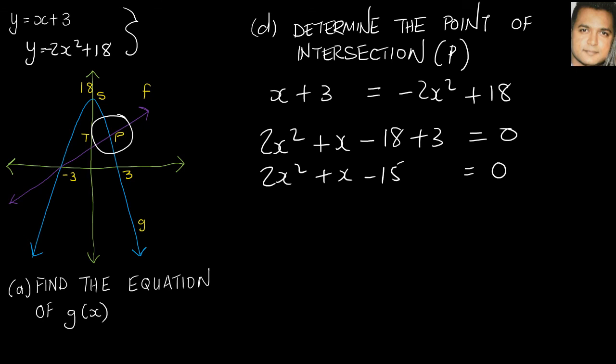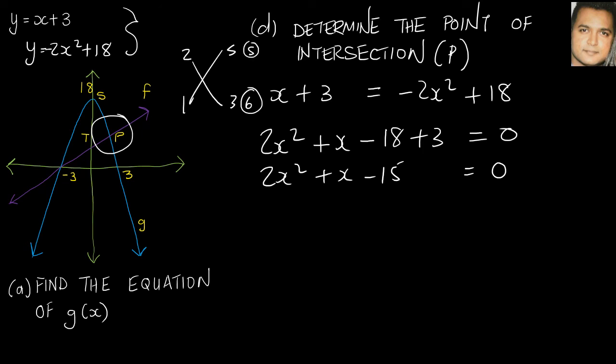Now we know that we have to use the cross method to work out this answer. Now remember that these amounts will be 2 times 1 for the 2, and for the 15 it will be 5 times 3. So when we cross multiply, remember we need to get the x value, which is 1. 2 times 3 is 6. 1 times 5 is 5.